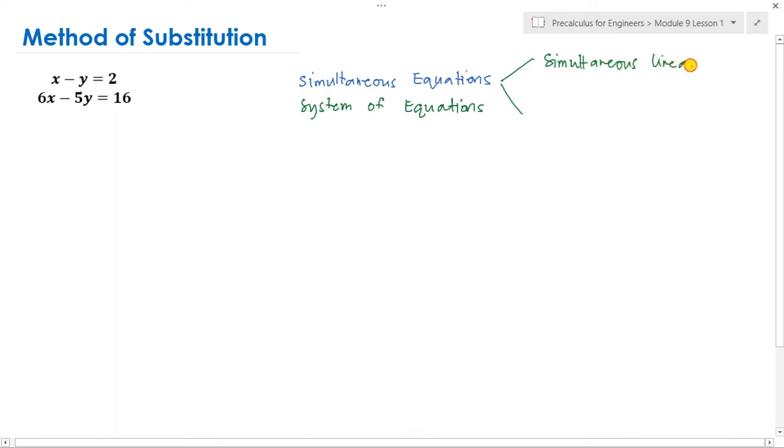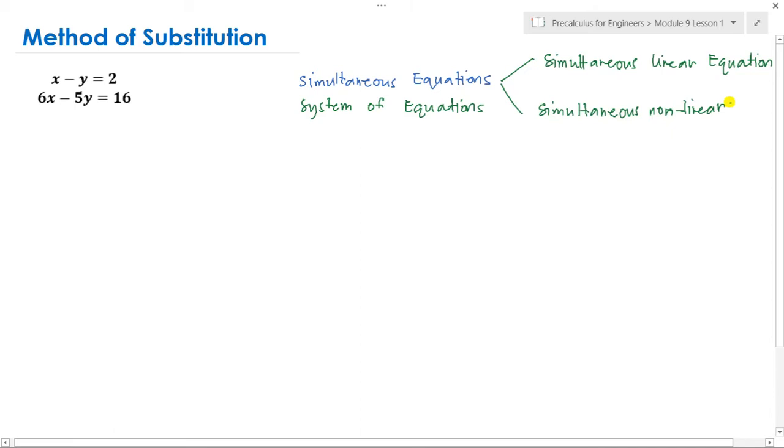linear equation. So when we say linear equation, the degree of the terms is equal to 1, or the degree of the variables is equal to 1. And we also have simultaneous nonlinear equation. So what are those nonlinear equations?